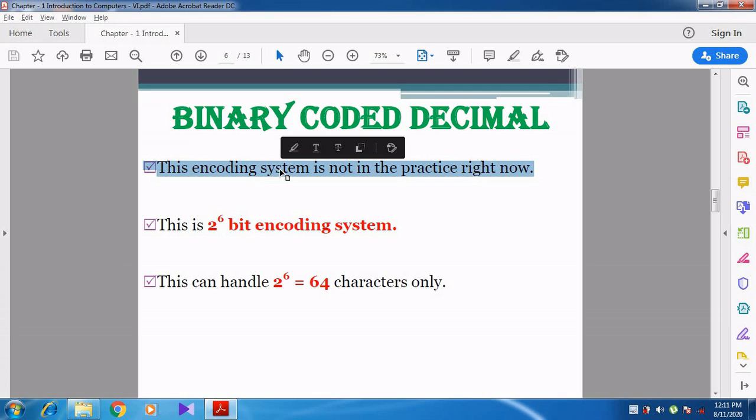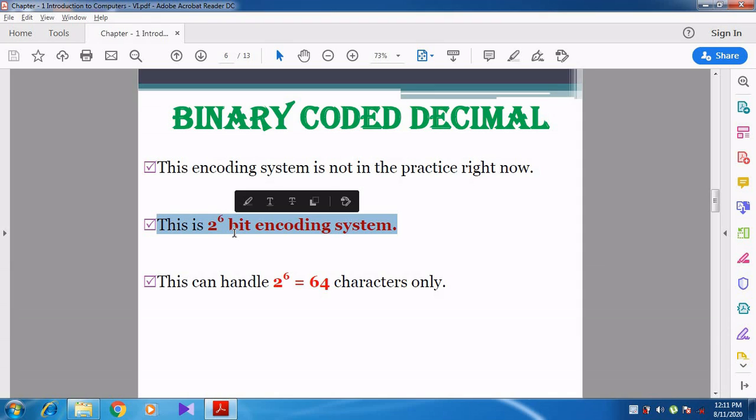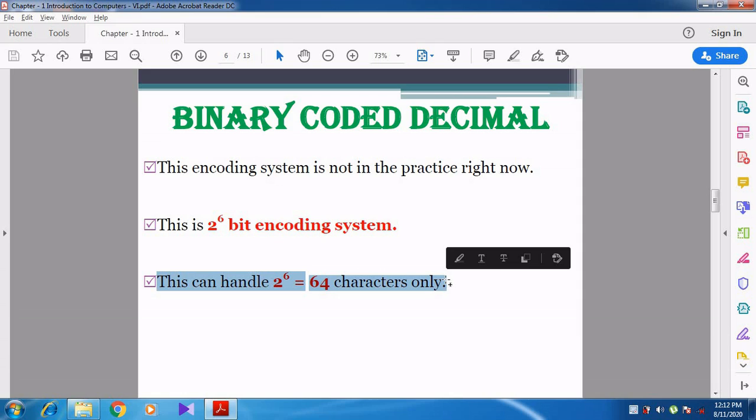Binary coded decimal is a 2 power 6 bit encoding system, which means 2 power 0, 2 power 1, 2 power 2, 2 power 3, 2 power 4, 2 power 5, 2 power 6. So it can handle only 64 characters. It is not able to handle more than 64. So that's why we are not following this particular system now.